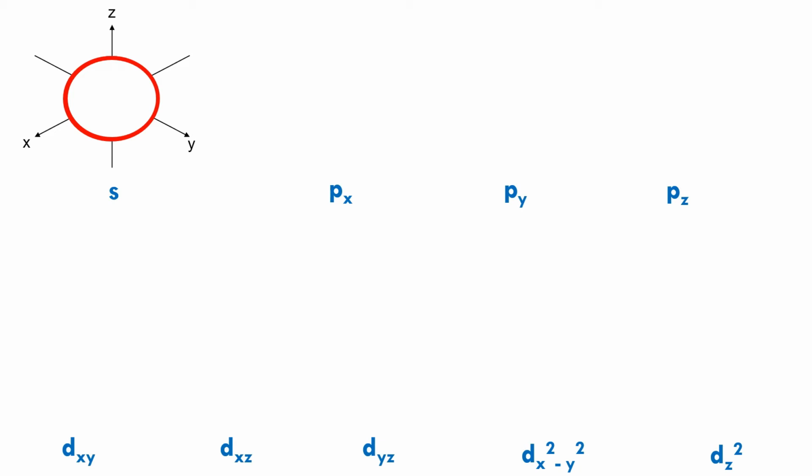Next is orbital P. The shape of orbital P is dumbbell.